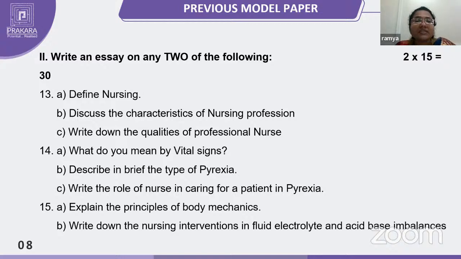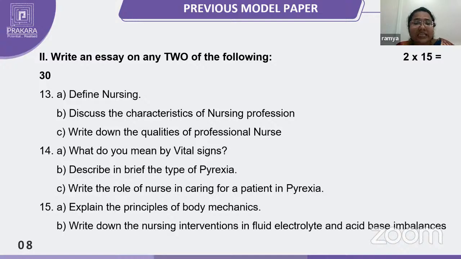The next one is question C: write down the qualities of a professional nurse. So what will the qualities be? She will be noble, very responsible, very alert. Some qualities like that will be there for a nurse. You should present it as I said for characteristics.